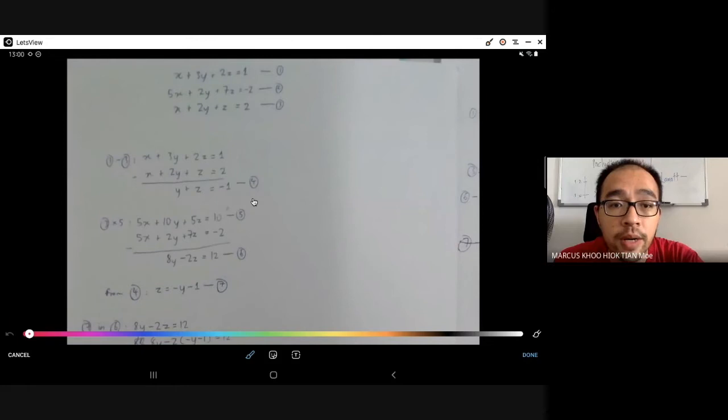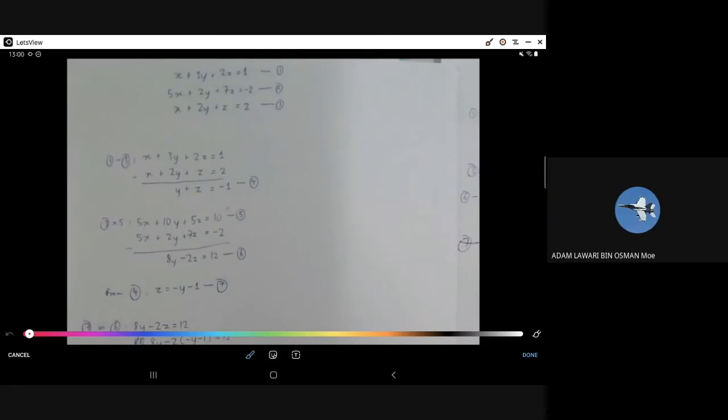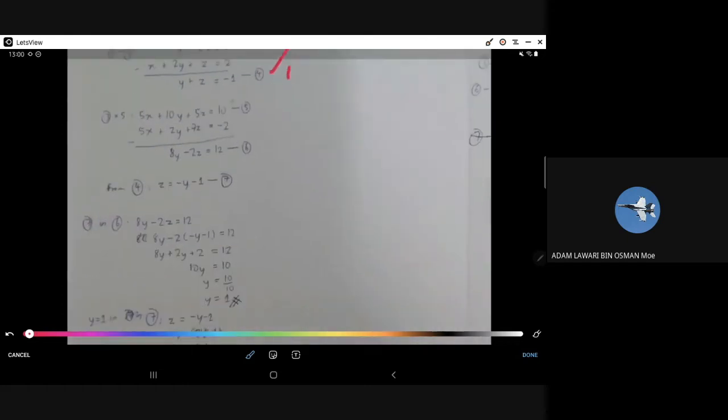Okay, sir. All right. First of all, to eliminate the x, I choose the first equation and minus it with the third equation to form the fourth equation, which is y plus z equal to -1.